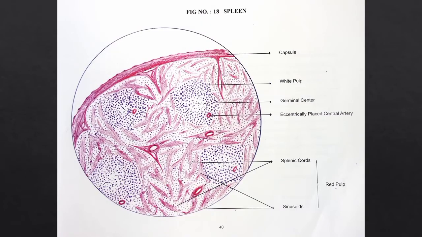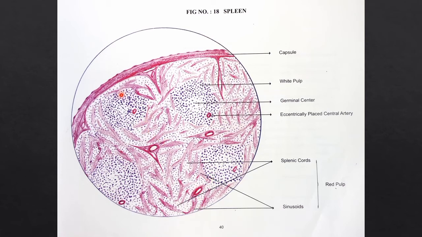Then we are moving to the next lymphatic organ, a hemolymphoid organ called the spleen. How to identify the spleen? Same here, you can identify the capsule. In the invagination of the capsule you can identify trabeculae, and inside that we can identify the lymphatic aggregation, as well as the red pulp and the white pulp. Red pulp: in the medullary part you can identify splenic cords, and between the splenic cords you can identify the splenic sinusoids, and this is called the red pulp.